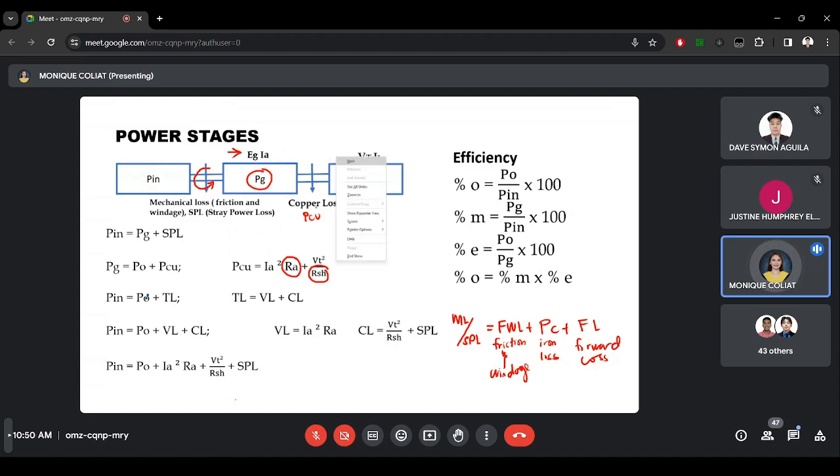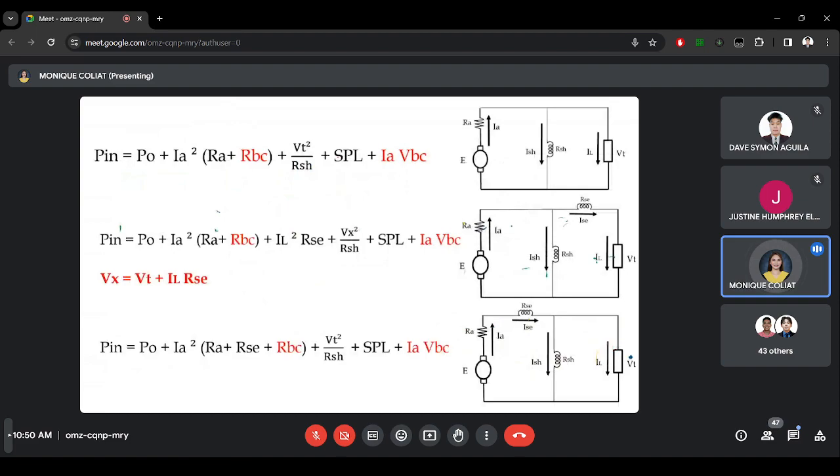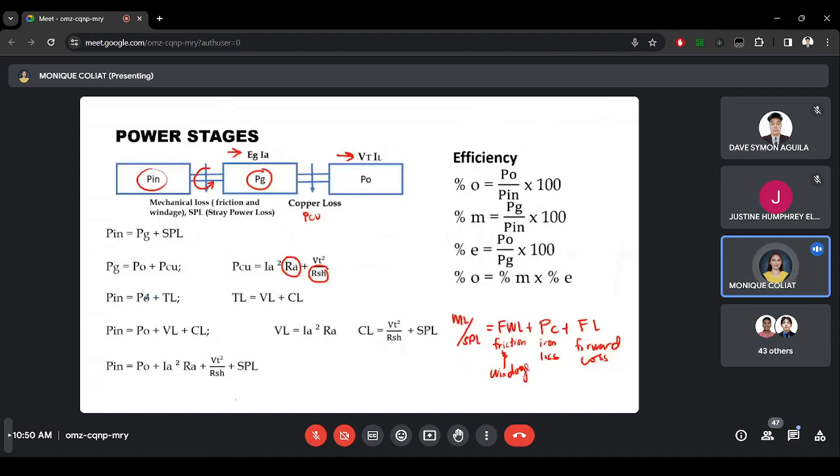Paano naman kaya kukunin yung input power? Okay, so to get the input power, we have here PG plus SPL or mga mechanical losses. And PG naman is equivalent to PO plus copper losses.